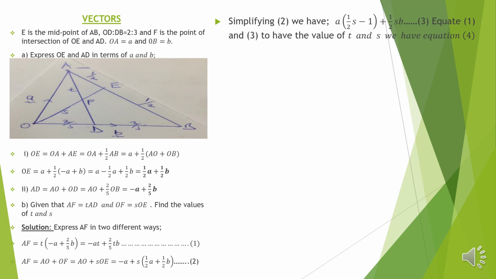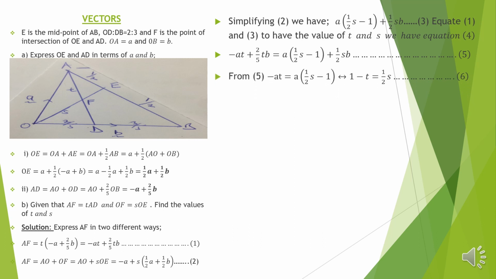Now, to solve the values of T and S, you are going to equate equation 1 and 3. If you do that, you get negative AT plus 2 over 5 TB equals A into bracket a half S minus 1, plus a half SB. Let's refer to that as equation 5.